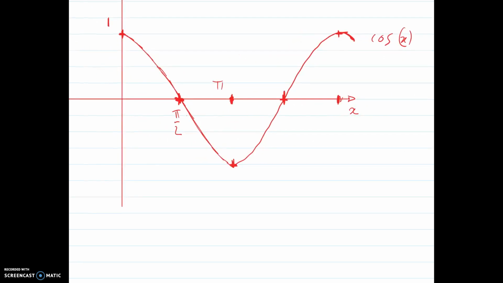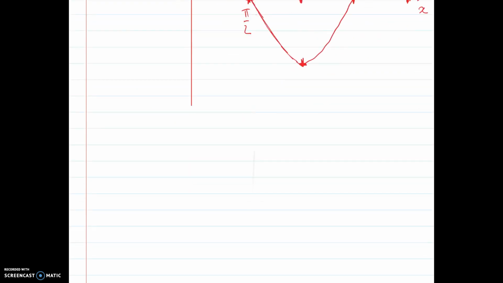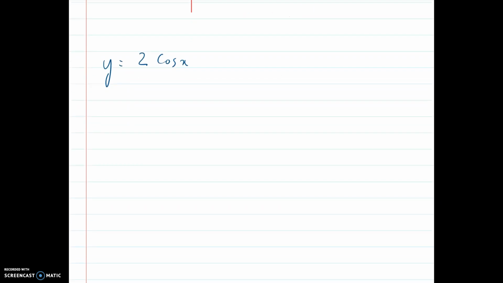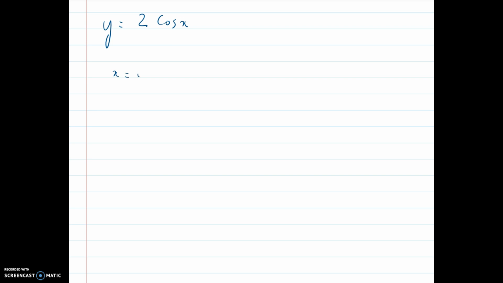Now, if I have 2 cosinus x, okay, let's try to work on y equal 2 cosinus x. Well, remember what we said. When x equals 0, we said cosinus x equal 1. But 2 cosinus x, it's equal to 2 times 1, which is 2.